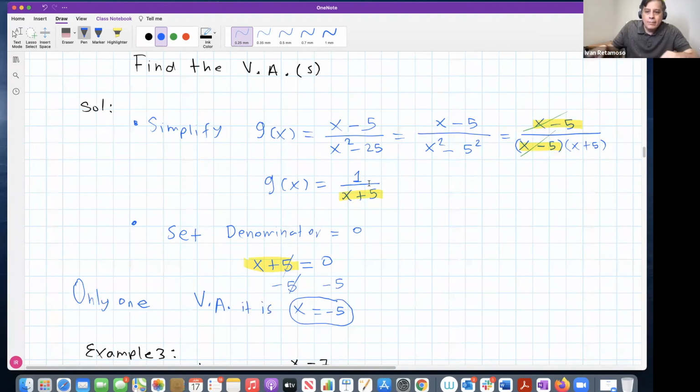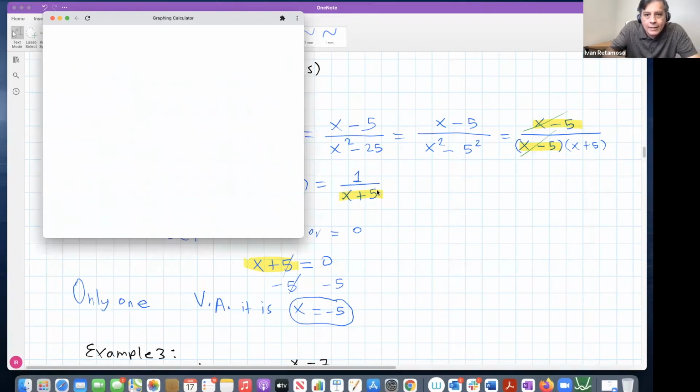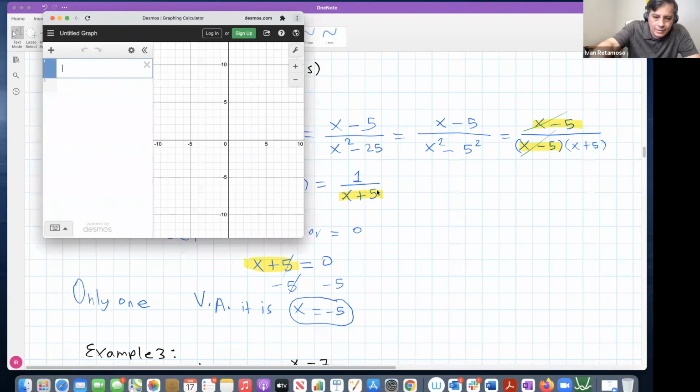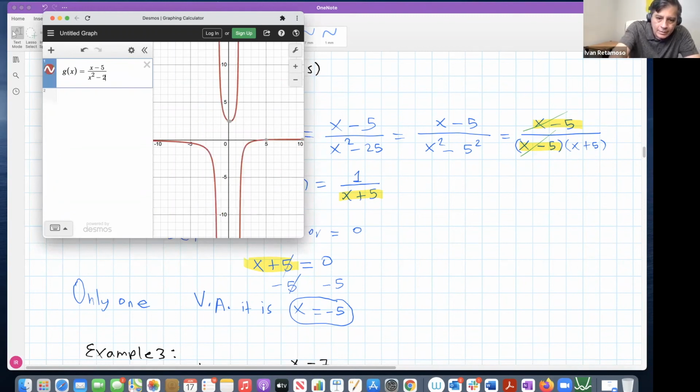You can always confirm, guys. Check this in the grapher, in the graphing scientific calculator. G of x equal x minus 5 over x squared minus 25.